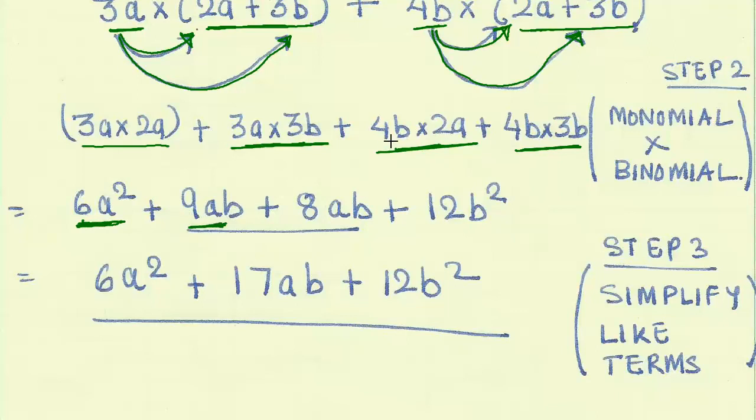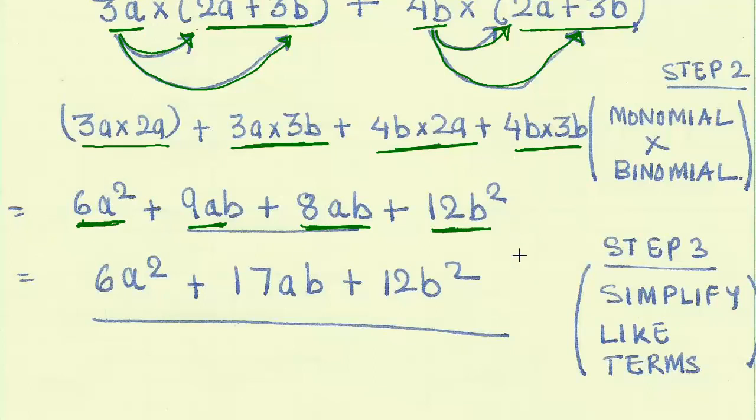Then you have 4b multiplied by 2a, so 4 times 2 is 8, and b times a is ba, and remember that ba is equal to ab, it's the same. So you have 8ab. And 4b times 3b: 4 times 3 gives you 12, the multiplication of coefficients, and b times b is b squared. That is step 2.